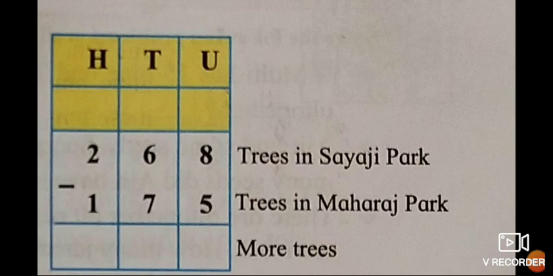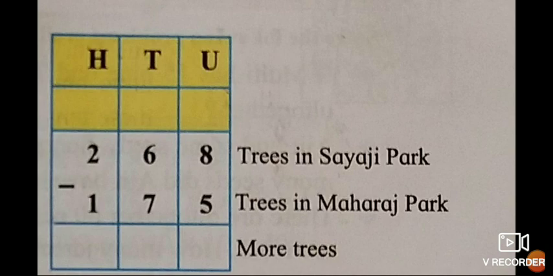You have to take away the smaller number from the bigger number to find out how many trees were more in this particular park. So, in Sayaji Park, there are 268 trees.